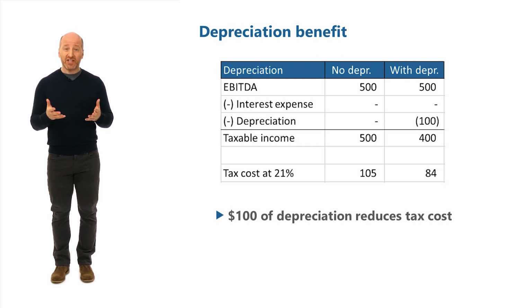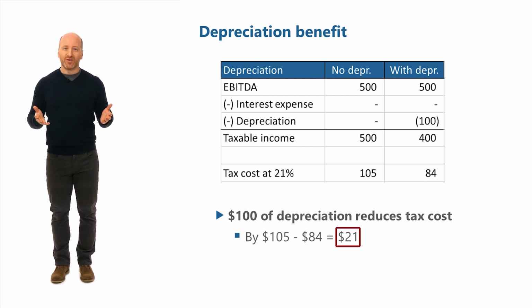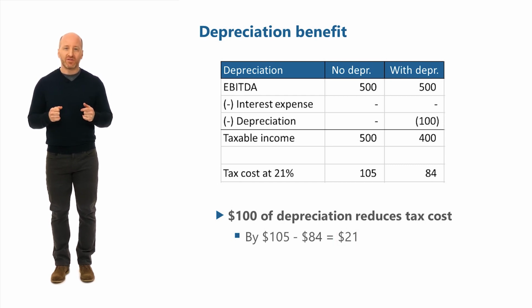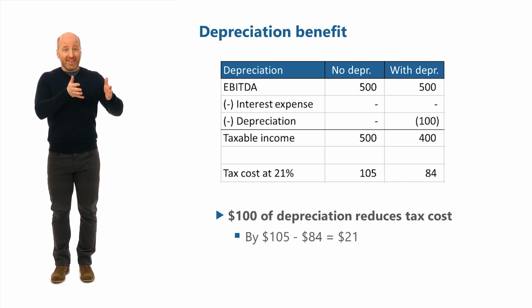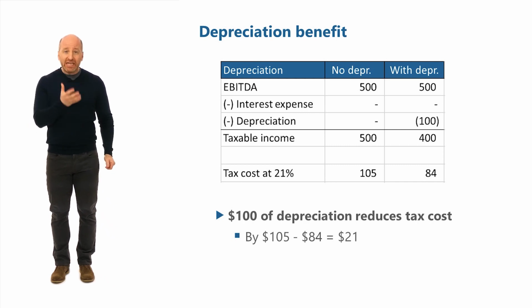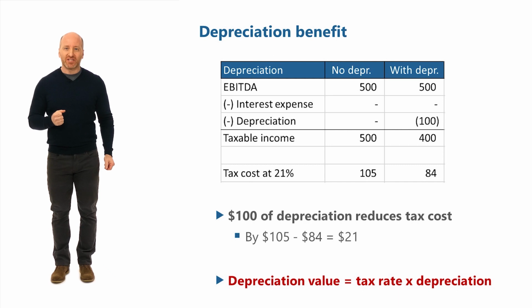That depreciation expense saved us $21 in tax cost. You can think of the savings as the 21% tax rate multiplied by the $100 of depreciation expense, or more broadly, the tax benefit of depreciation is going to equal whatever the depreciation expense is multiplied by the prevailing tax rate.